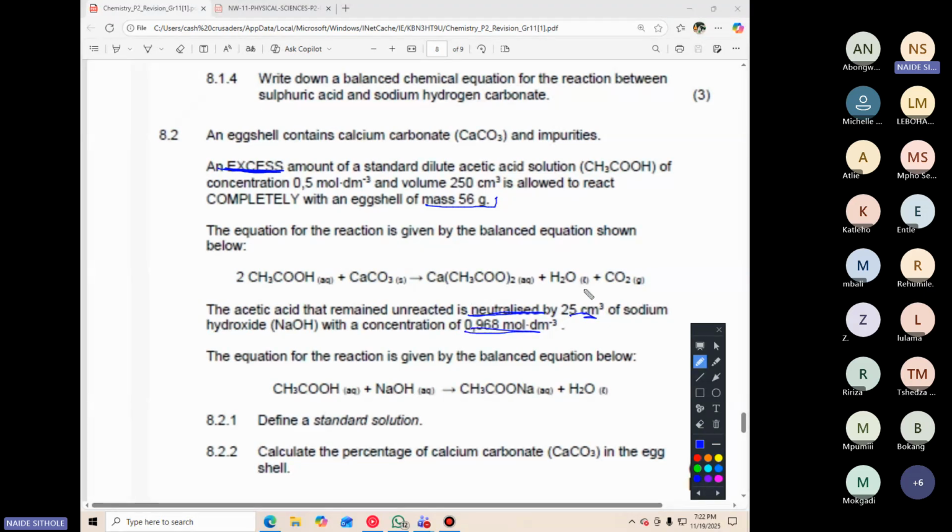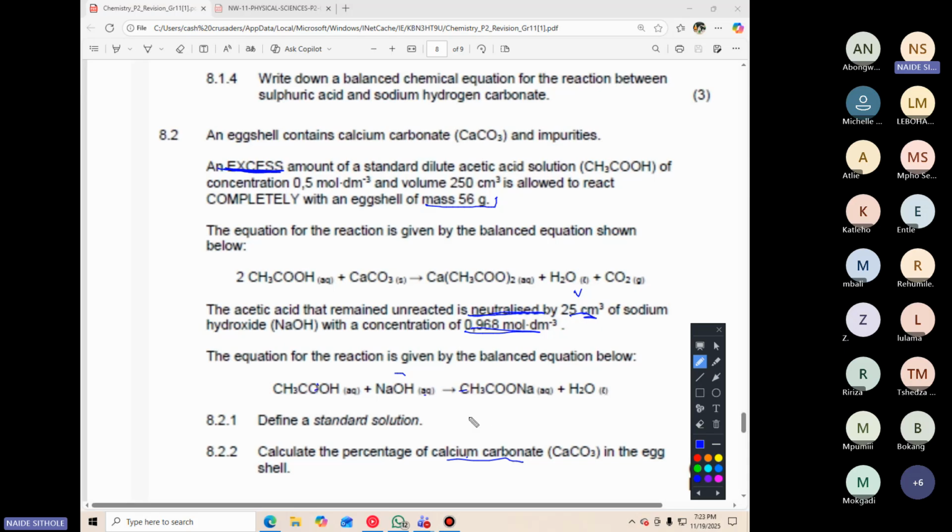Unfortunately, we are only given the volume and concentration of the sodium hydroxide. The equation for the reaction is given below, to calculate the percentage of calcium carbonate in the eggshell. So this is the reaction that we have.